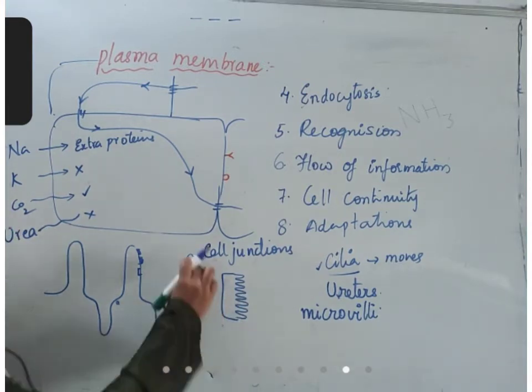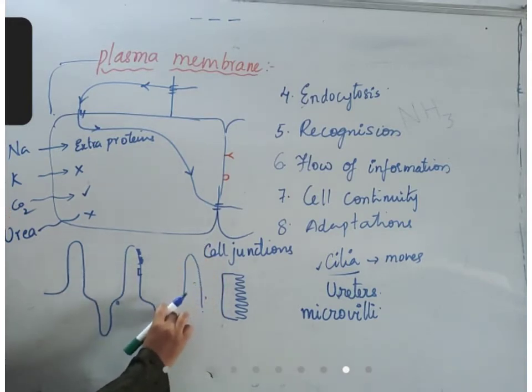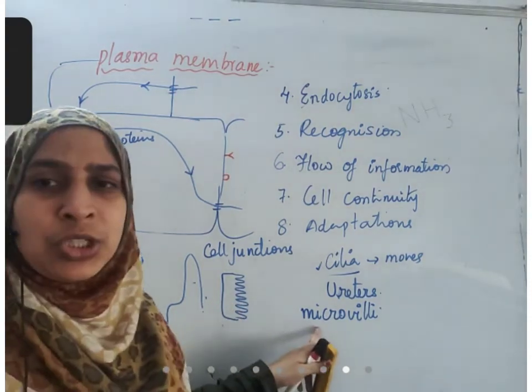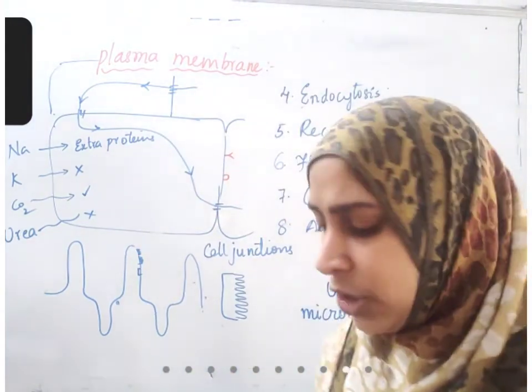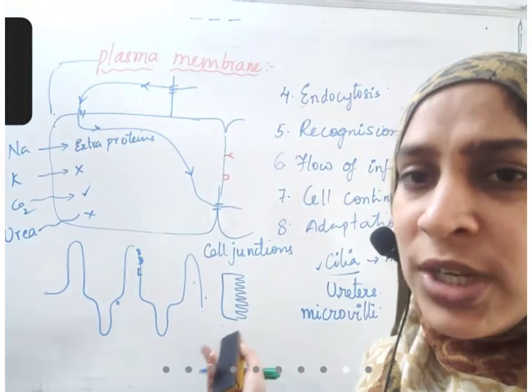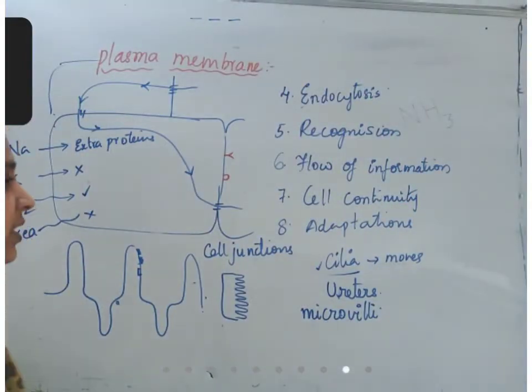Each and every cell present at the border of this villus will have microvilli. This is one adaptation seen in small intestine. Like that, different tissues of our body have some adaptations for performing different functions in the body. So these are some of the functions of plasma membrane.